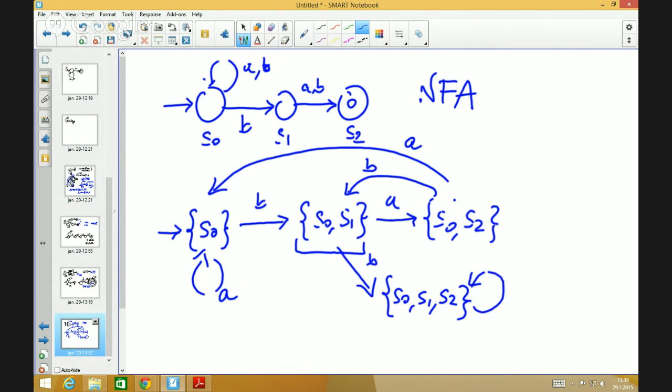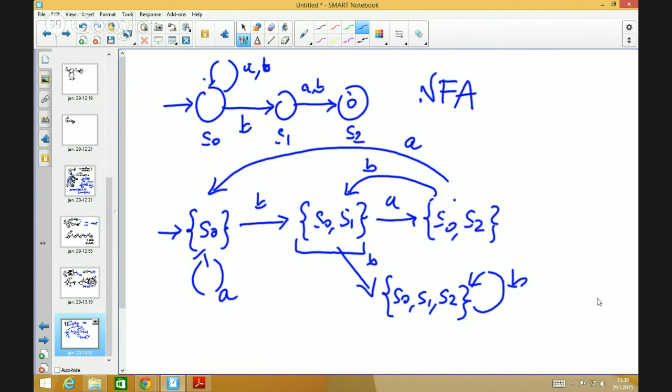So you just have a self loop here. Do you agree? From S0 you can go to S0 or S1 by reading a B, and from S1 you can actually go to S2. S2 doesn't add anything because you cannot go anywhere from there. And in any event, even if you could go somewhere, these are all the states that there are. You cannot add any more.